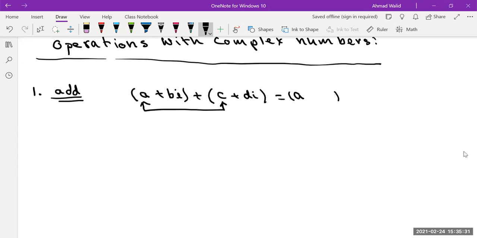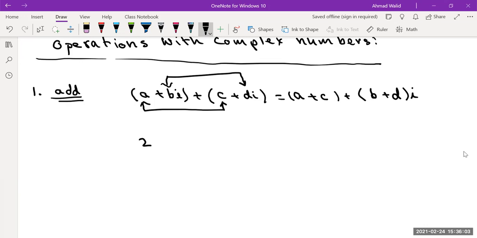It means add a with c, and also add the imaginary part, which is b and d, correct? Add these two, b plus d, and keep your i at the end because it's an imaginary part. I'll do an example under that, and then I'll put the subtraction rule, correct?